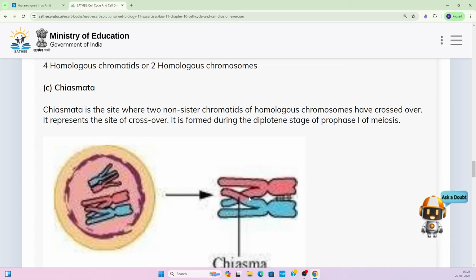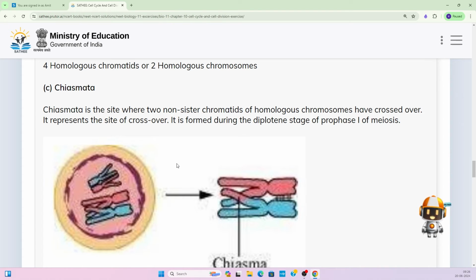It means there is a break in the chromatids, and there is an exchange of the chromatid also. So chiasmata represents the site of crossover, where crossing over has taken place.